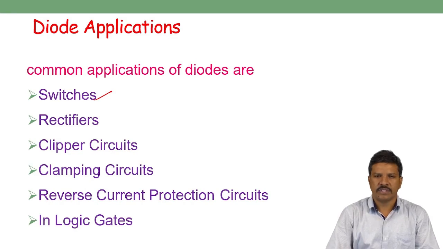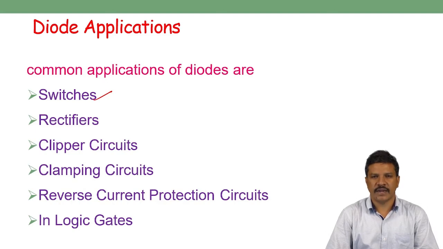When I am talking about switches, the exact operation of the p-n junction diode is, if the diode is ideal in forward bias, it perfectly allows the current flow and acts as a short circuit, whereas in reverse bias it does not allow any current flow and acts as an open circuit.